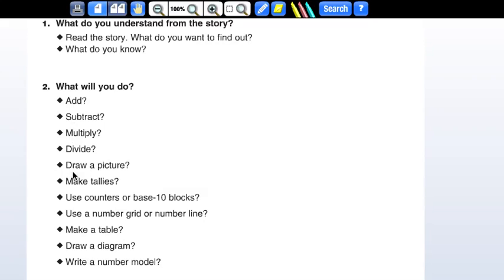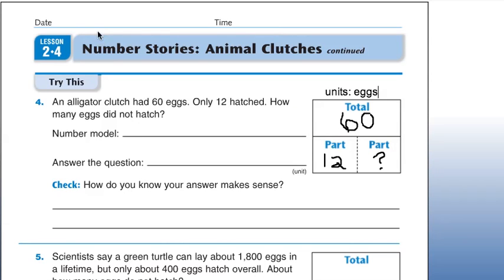We have a bunch of different options. If you would like to draw a picture, you can. If you would like to draw a diagram, you can. If you'd like to add or subtract, please feel free to do so. This is kind of the beauty of word problems, it's your way to show me what you know and how you want to go about tackling a problem like this.